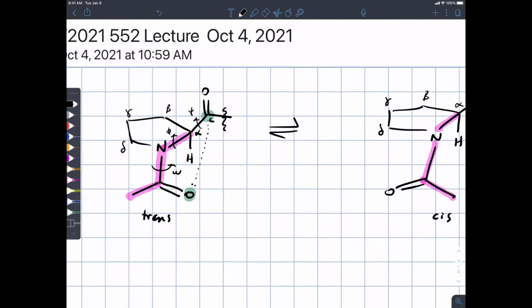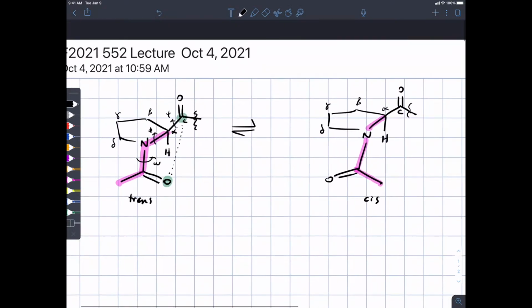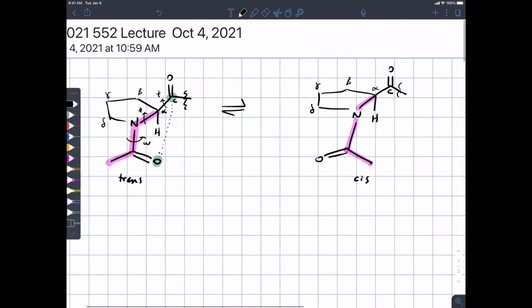That interaction is only available in the trans configuration versus the cis configuration, because of course over here the carbonyl oxygen is on a different side entirely from the carbonyl carbon there. Squiggly line means this could be in a very large peptide. We're just not drawing what's on the other side there.